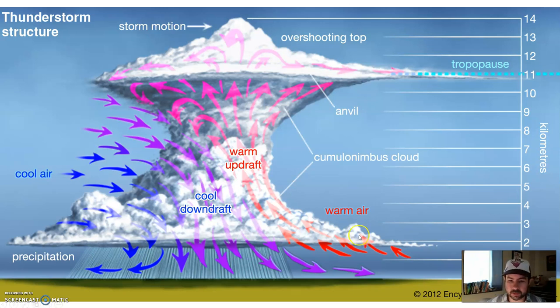So you have cool air in the upper atmosphere, warmer air in the lower atmosphere, and some way to get that warm air pushed up. That warm updraft cools very quickly. Cooler air can hold less precipitation than warmer air, so all that precipitation is lost in the form of rain.